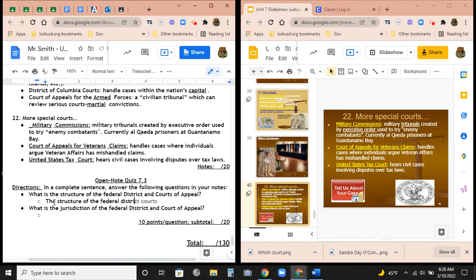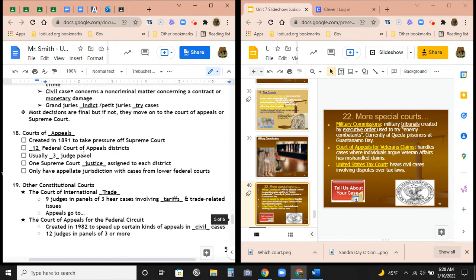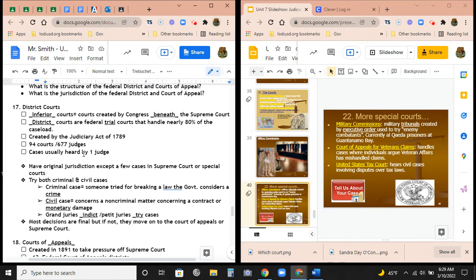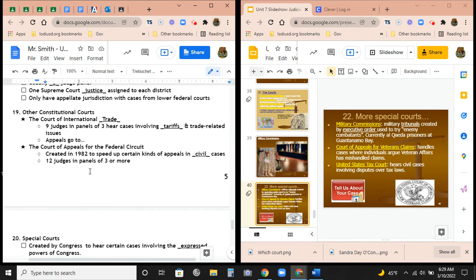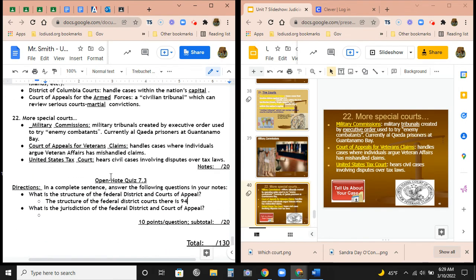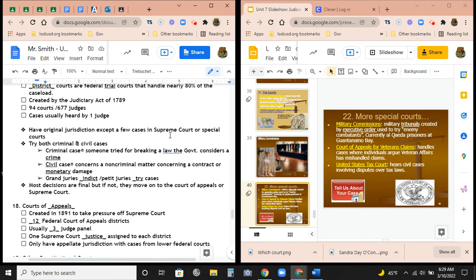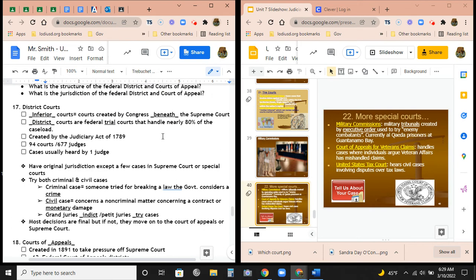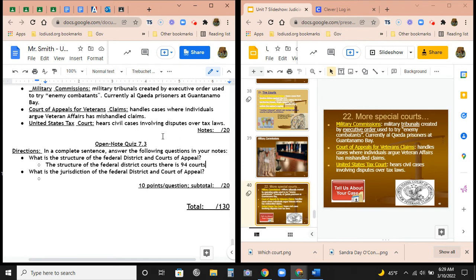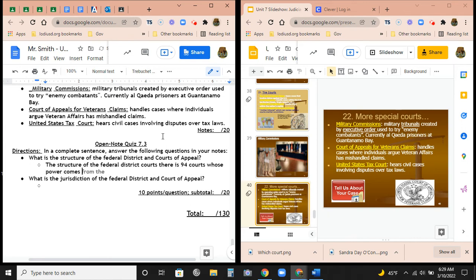Federal district courts, there is 94 courts, whose power comes from a 1789 Act of Congress.